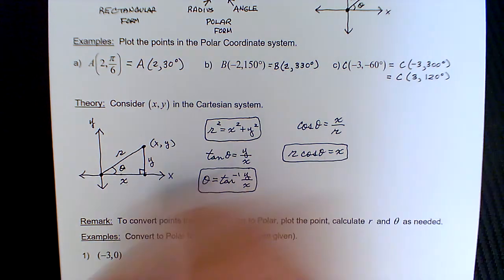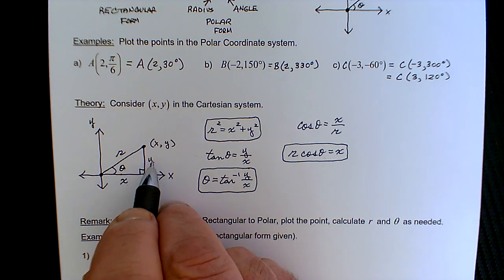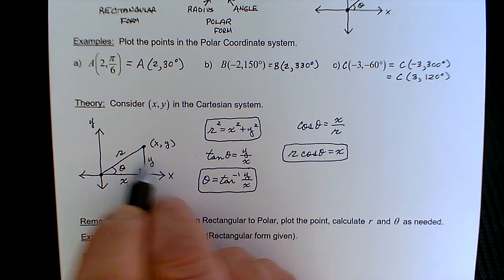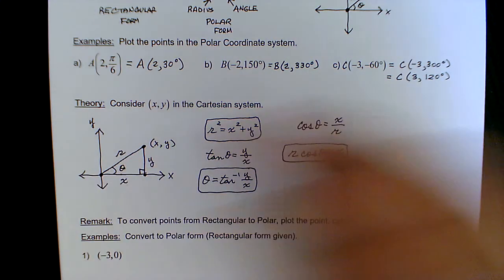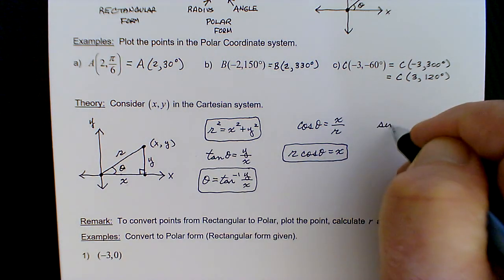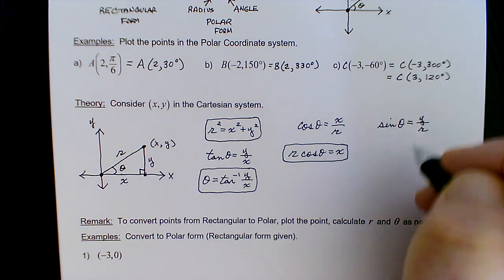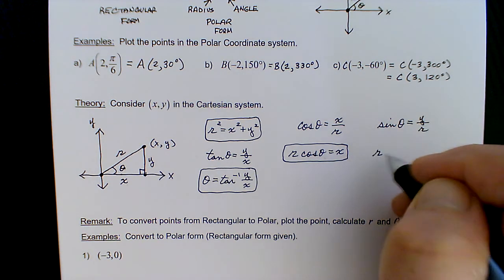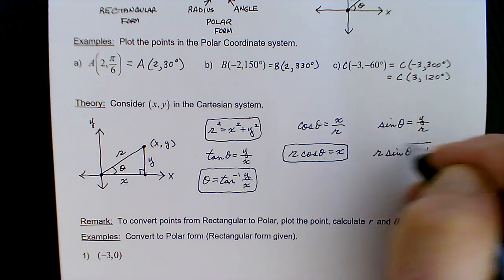And similarly, if we want to find y, we'd have to involve a trigonometric function with respect to theta that includes y and r, and that's y is opposite, r is the hypotenuse, so that's a sine function. So sine is y over r. If we manipulate that, we get r sine of theta is y.